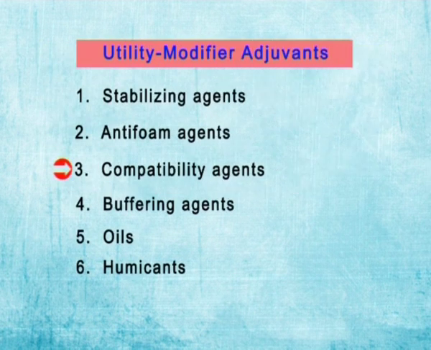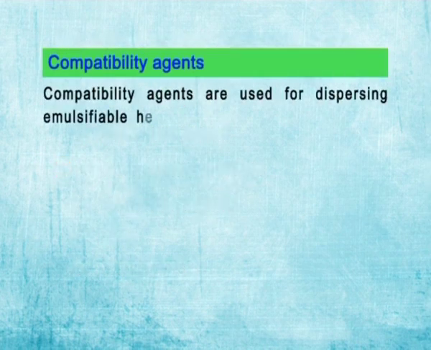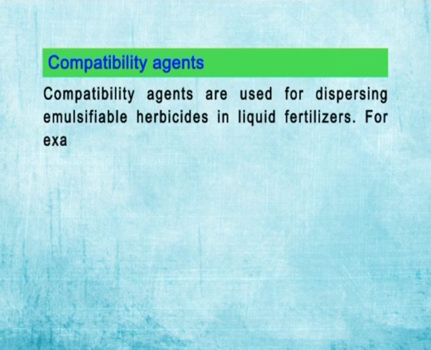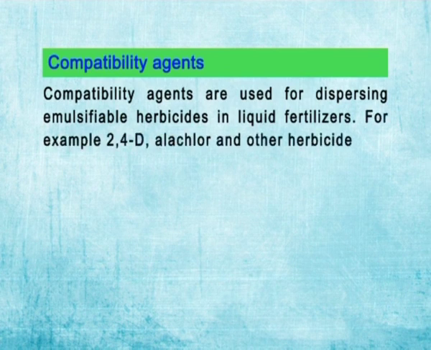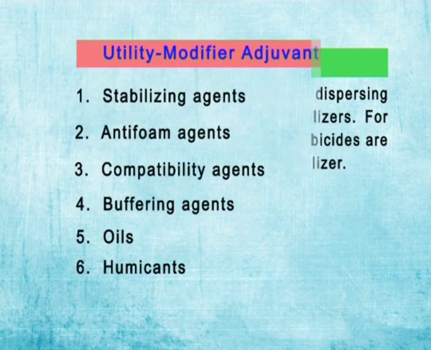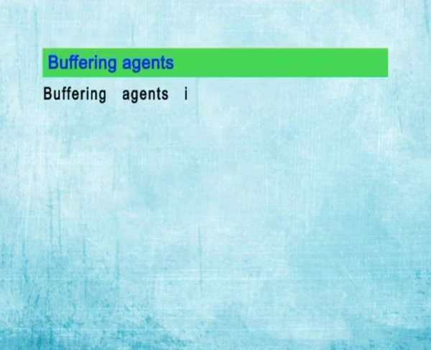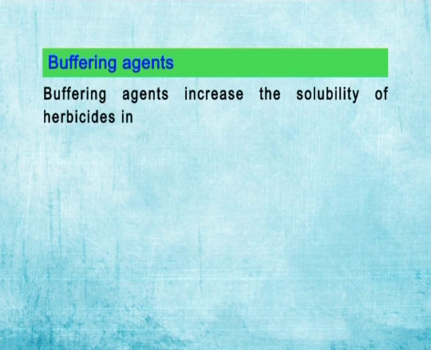Compatibility agents. Compatibility agents are used for dispersing emulsifiable herbicides in liquid fertilizers. For example, 2,4-D, Alachlor and other herbicides are applied along with liquid nitrogen fertilizer. Number 4. Buffering agents. Buffering agents increase the solubility of herbicides in water.